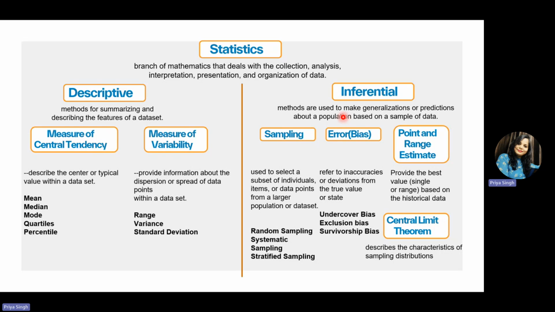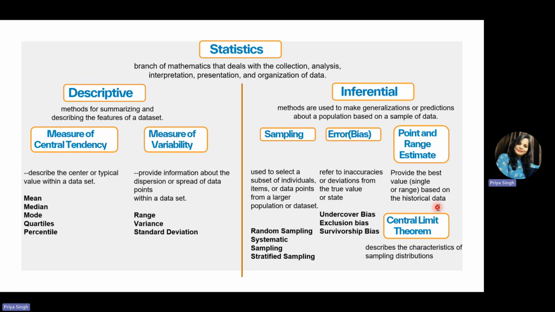Okay. So this was all about statistics. Statistics is divided into two parts, descriptive and inferential. Under descriptive, we have measures of central tendency and measures of variability. And from inferential, how we get the samples out of a population to do predictions. So we have sampling methods, what errors can come, what point and range estimates are, and what CLT is.